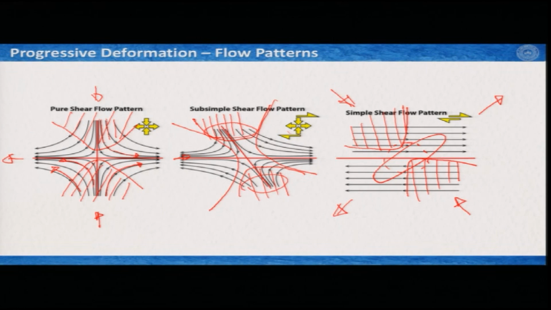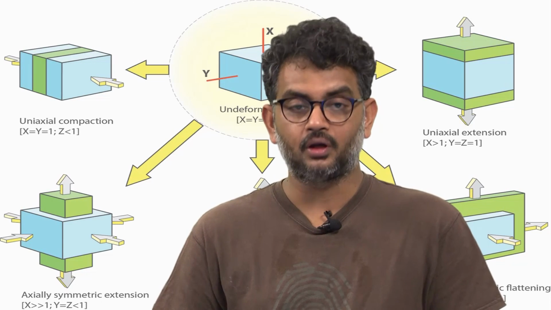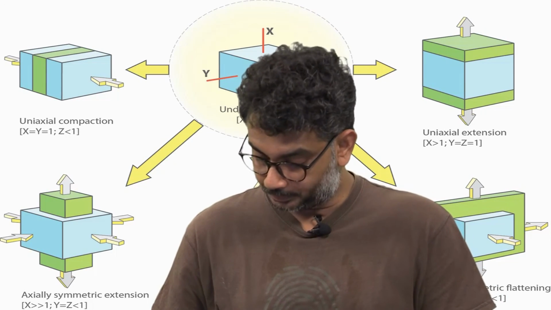From here, if I consider a material is sitting in between, then it may have a rotation or it may stay stationary. So, based on the flow pattern and nature of deformation, if we try to analyze whether the materials would stay stationary or rotate, based on this study we can go to another topic which is known as vorticity.